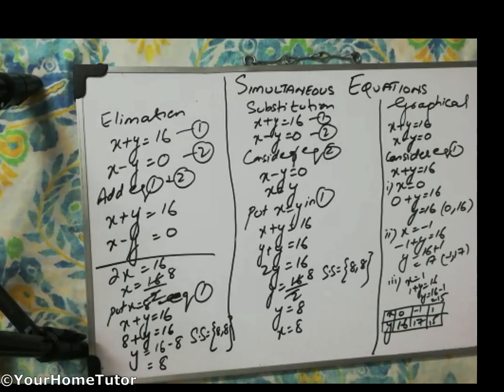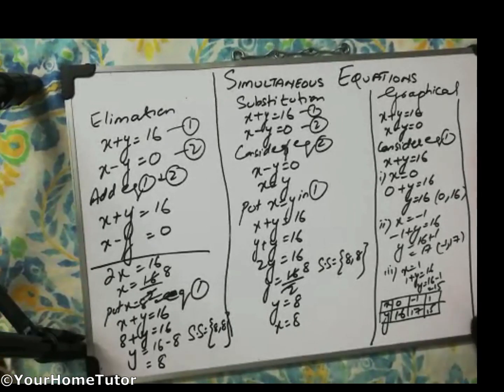Similarly, in the same way, we'll find the ordered pairs of the second equation, and then we'll plot these on a piece of graph paper. Our second equation is x minus y is 0, or we can say x is equal to y.